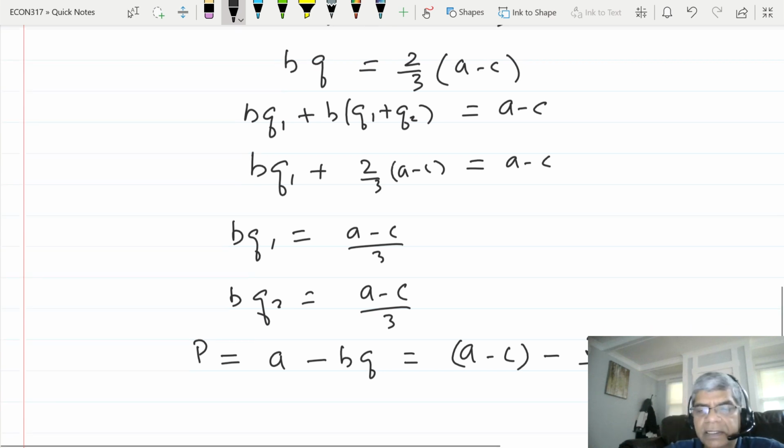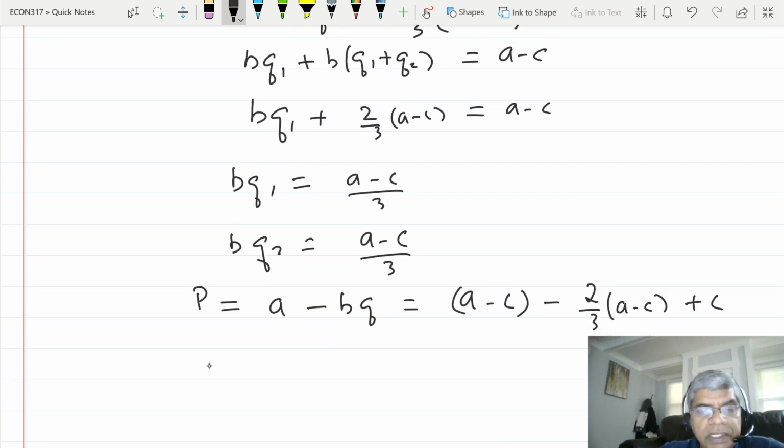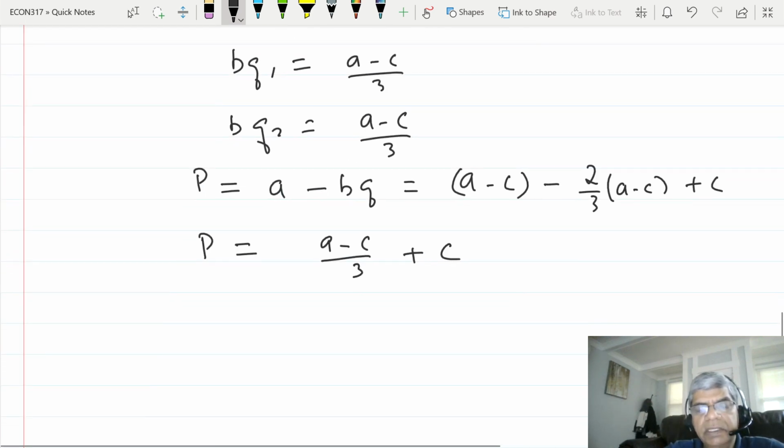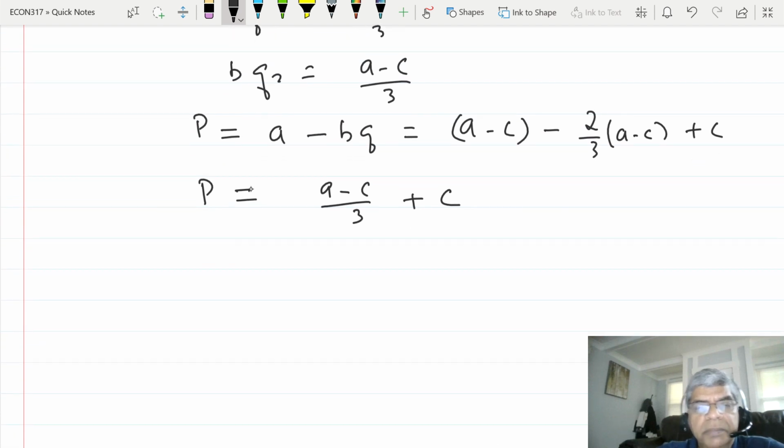I have subtracted and added C to retain the value of the expression, but this gives me (A minus C) minus 2/3 (A minus C), which is (A minus C) over 3, plus C. This tells me each firm in the Cournot duopoly is able to charge a price in excess of the marginal cost, and the amount which it can charge in excess of marginal cost is (A minus C) over 3.